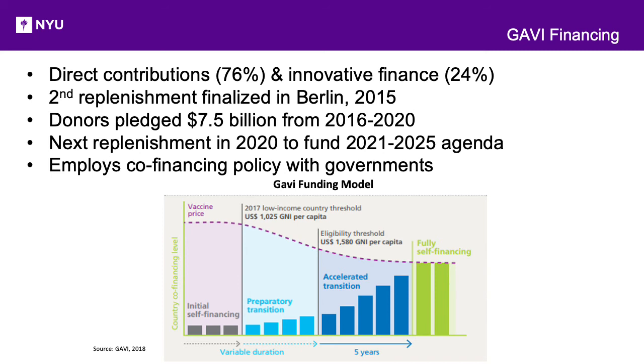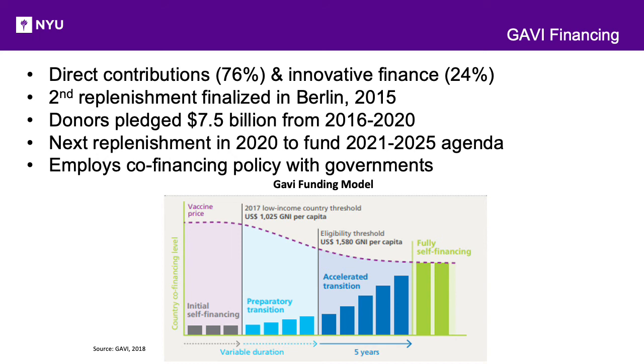So Gavi's approach in terms of sustainability is that in terms of immunizations, all countries that are supported are required to pay a portion of the cost of their vaccines. So co-financing payments are not made to Gavi, but to the vaccine supplier, either directly or through a procurement agency such as UNICEF.